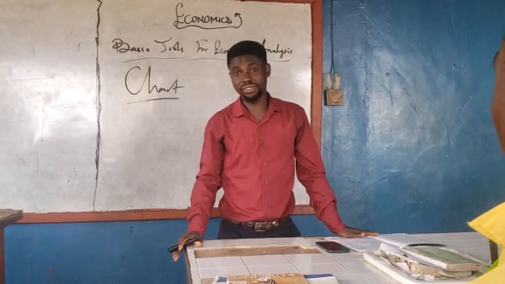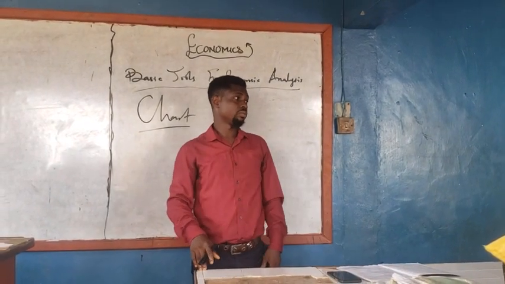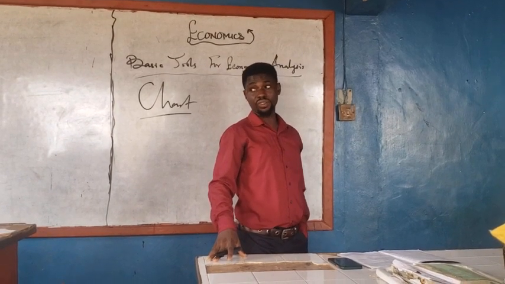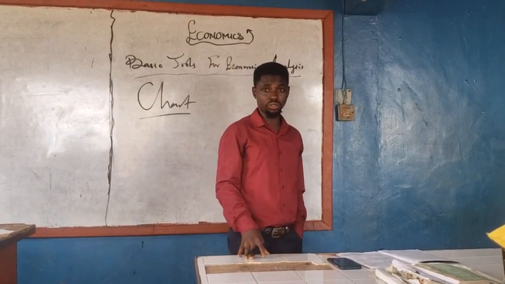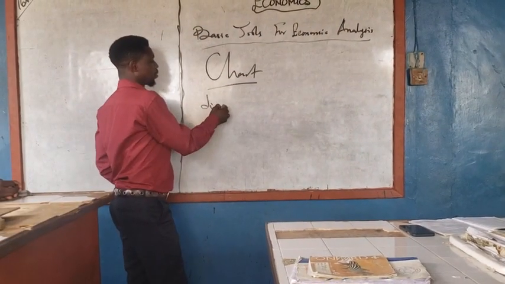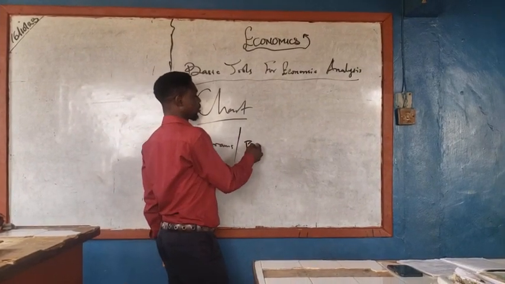So what is done by chart? Let us understand that a chart can be defined as an interpretation or representation of data in form of diagrams or pictures.